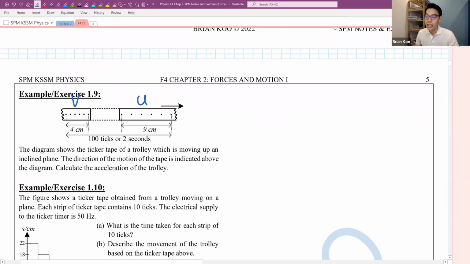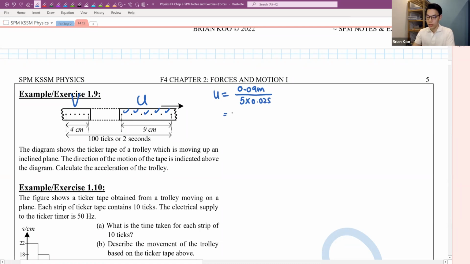Then we're asked to calculate the acceleration. For your U, you see you have 1, 2, 3, 4, 5 ticks. So you can put 0.09 meters, or 9 cm also can, divided by 5 ticks. 5 ticks means it is 5 times 0.02 seconds.